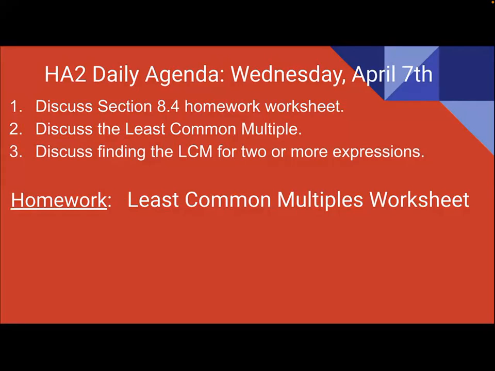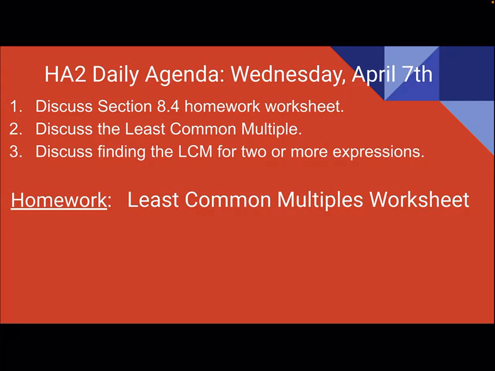So we're going to look today at finding the least common multiple or the least common denominator so that tomorrow we understand the process of finding them and we can apply that process to actually adding and subtracting the fractions together. So if I multiply and divide fractions, the other two operations would be adding and subtracting. So we will look at doing that tomorrow and on Friday, trying to add and subtract these rational expressions.